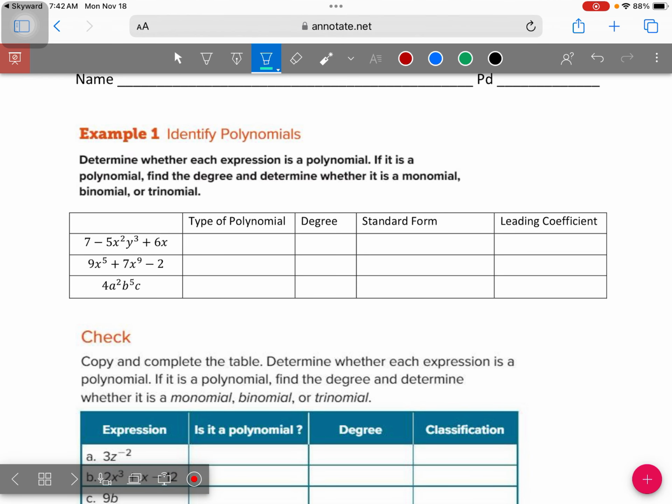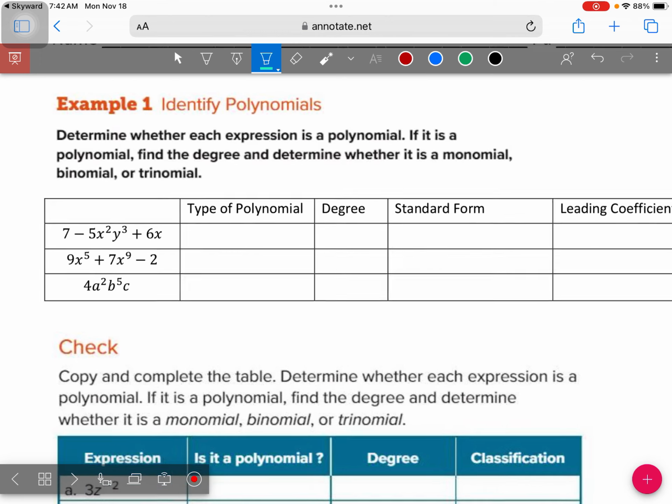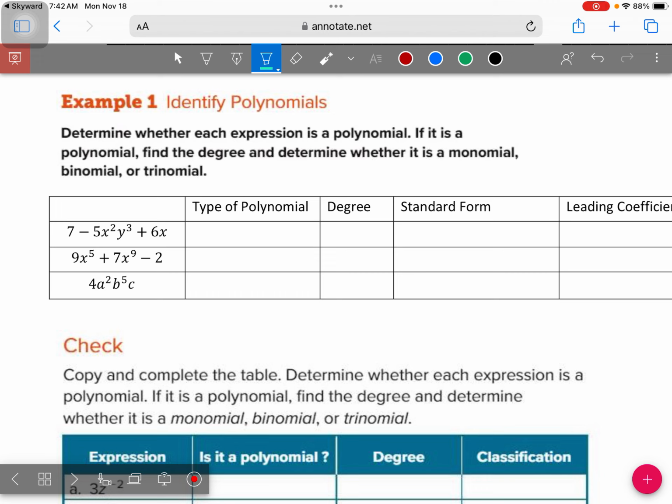So, identifying polynomials. Determine whether each expression is a polynomial. If it is a polynomial, find the degree and determine whether it is a monomial, binomial, or trinomial. Okay? So, as I look at this first one, I'm going to say, let's put it in standard form first. So above here, I want you to put standard form.